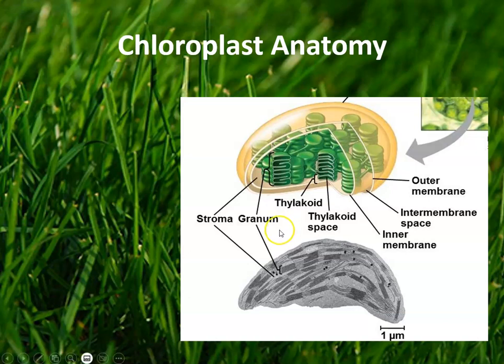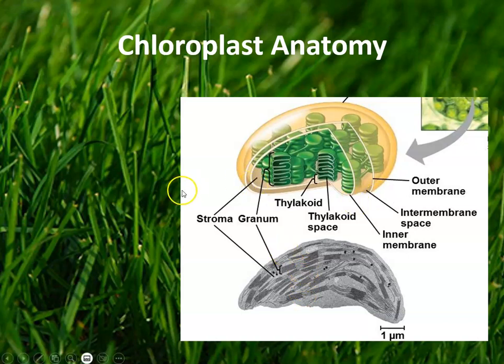So this is like a slice through an actual chloroplast. Inside you can see these dark lines and these dark kind of rectangles. Those are the membranes where the photosynthetic pigments are found, and the light is converted into chemical energy initially.